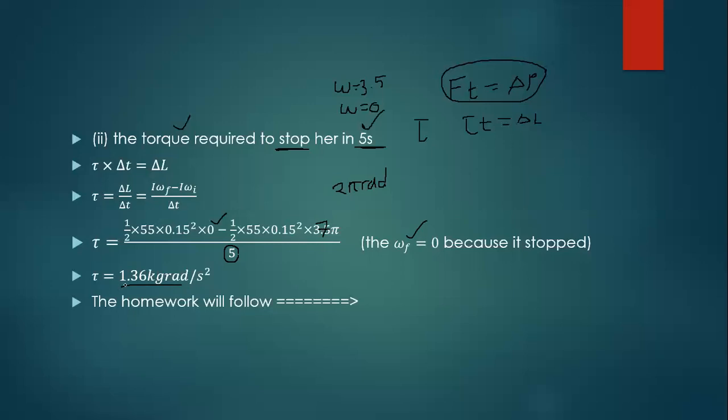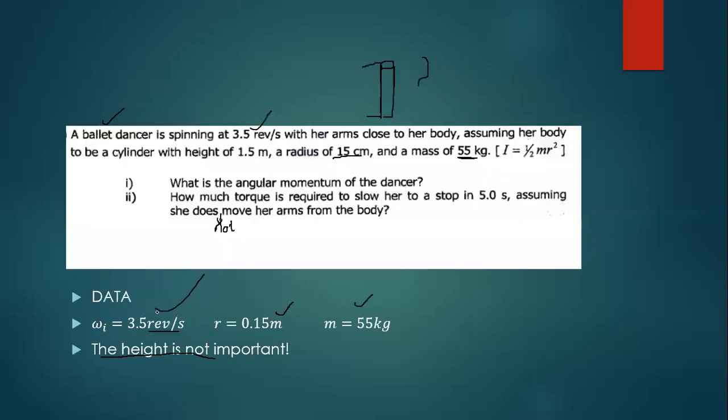And this torque was supposed to be negative, because here we have a 0, so the whole term becomes 0 minus this number, and we'll have a negative torque. This is how we compute this question using the concept of angular momentum.